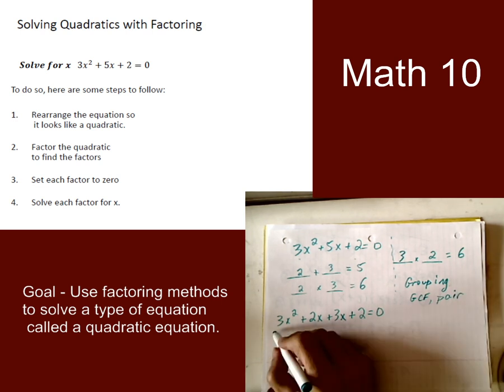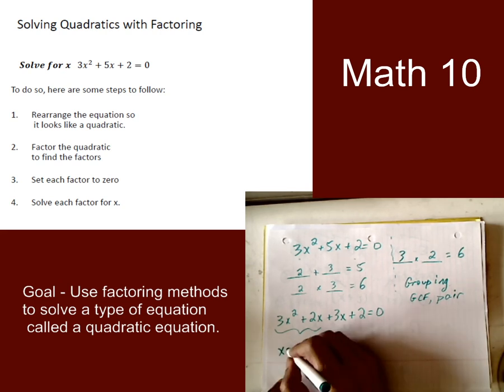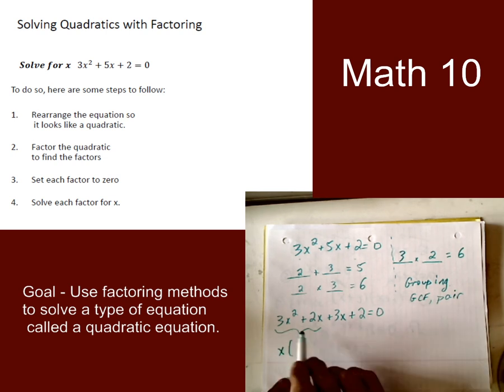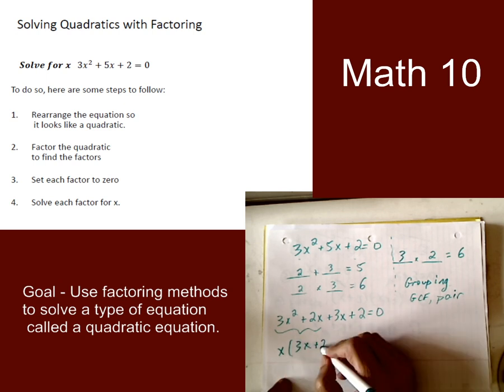So looking at the first two, nothing from the numbers. 3 and 2, they don't get along. But the x's, you can pull out an x. And once you have it, you divide each term by x. 3x squared divided by x is 3x. 2x divided by x, plus 2.